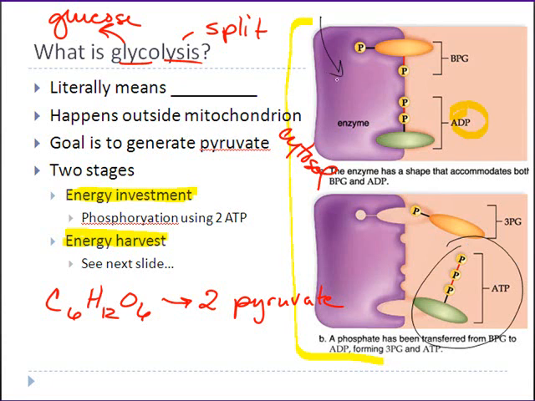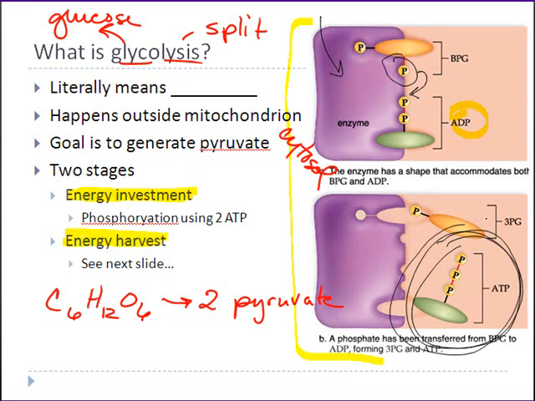We're using an enzyme here, and we're transferring a phosphate group from a molecule called bisphosphoglycerate, or BPG for short, using that enzyme to assist in the transfer of that phosphate group from the BPG molecule to the ADP molecule to make adenosine triphosphate.